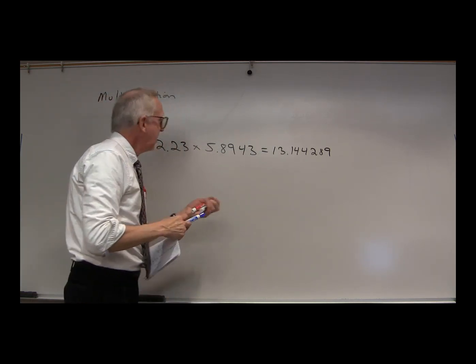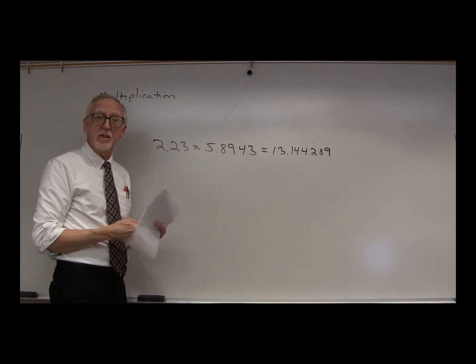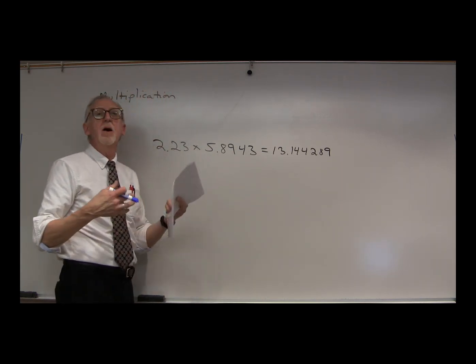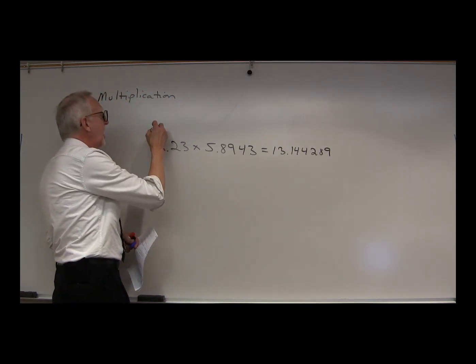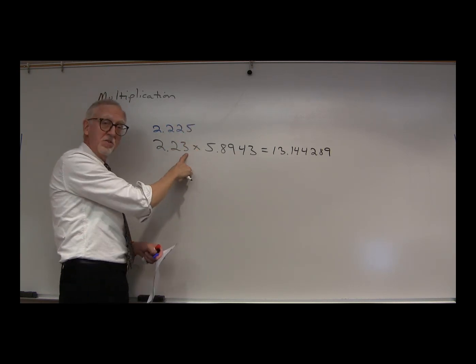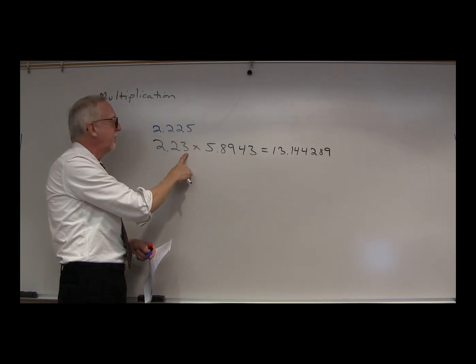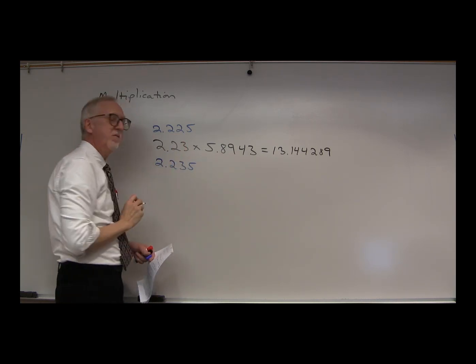Let's keep in mind that when we write 2.23, typically we're really talking about some approximate value that could be as small as 2.225, this value minus 0.005, or as large as 2.235.